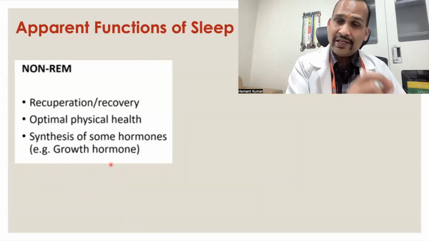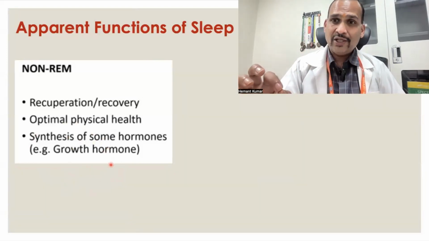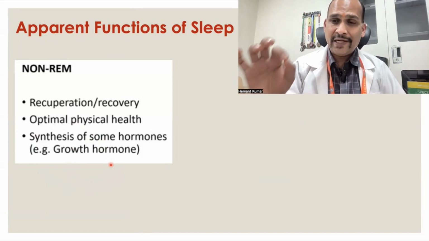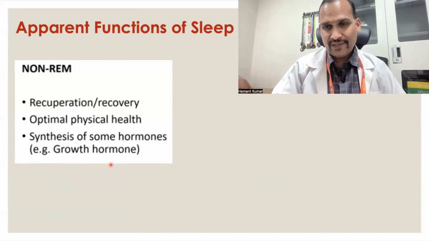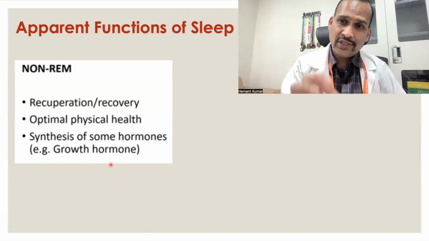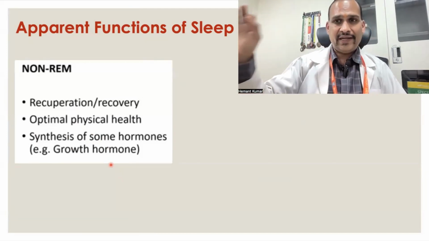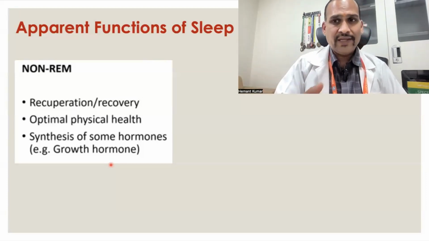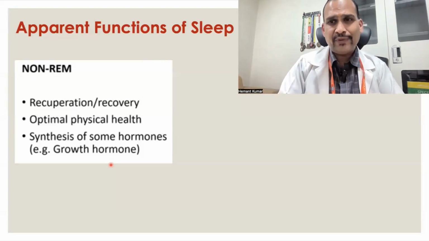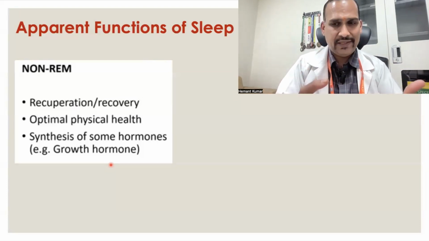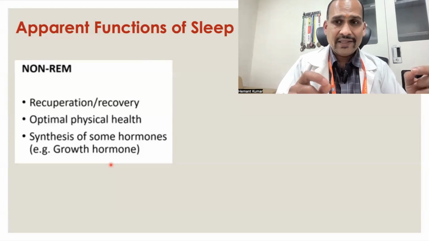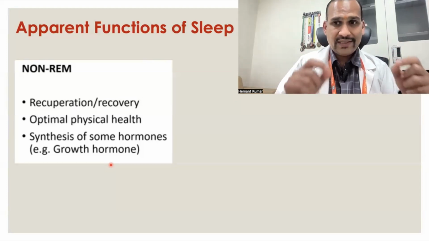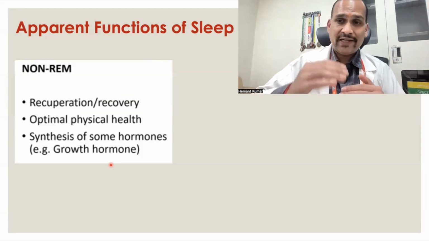So those children who are not getting adequate sleep at night, or who are sleeping late at night, suppose they are sleeping at 12 o'clock or 1 o'clock because of TV, exam pressure, mobile, or a different lifestyle, in these children the growth hormone is less and they do not get enough height.